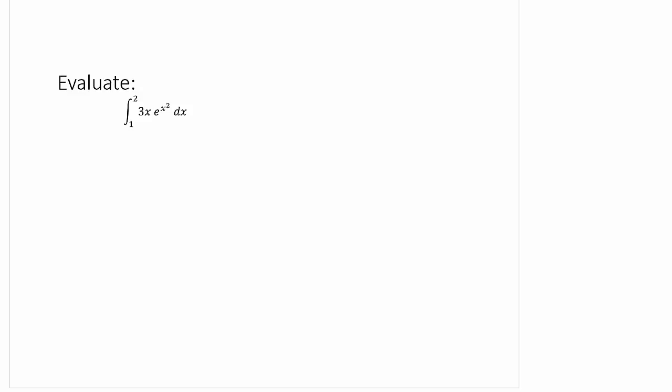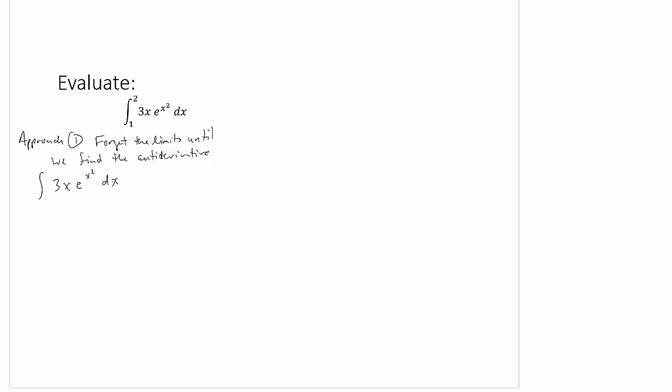One approach is to forget the limits until we find the antiderivative. All right, so let's do that. Let's just think of the integral of 3x e to the x squared dx.